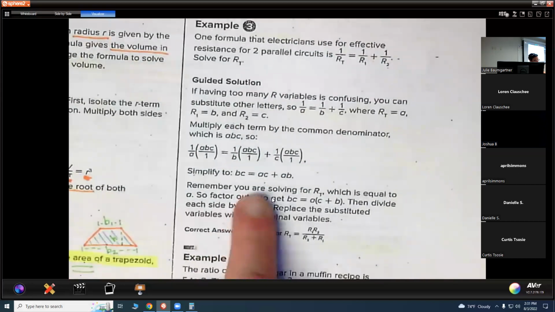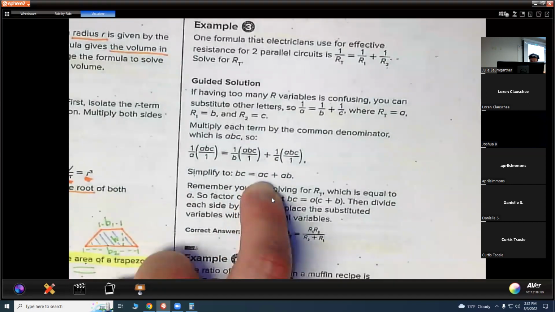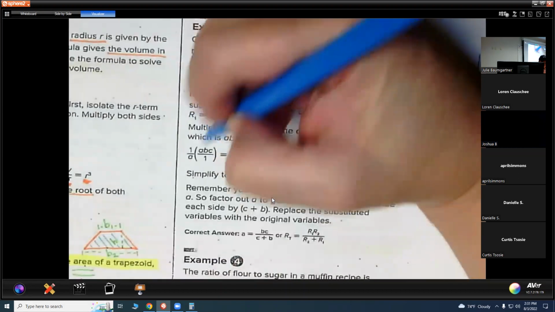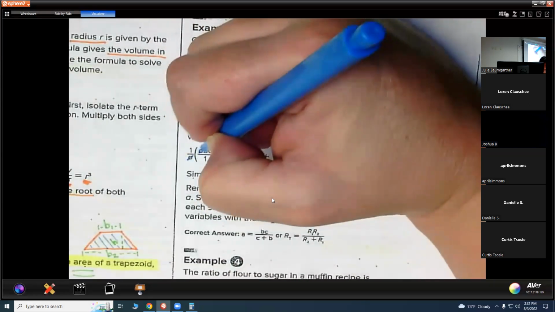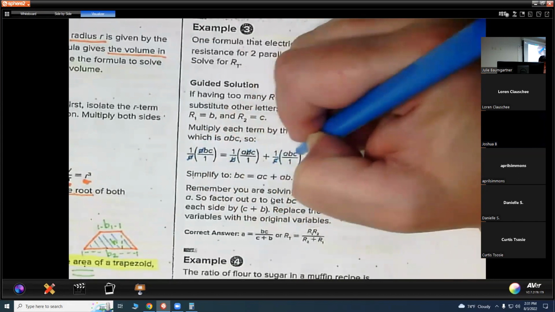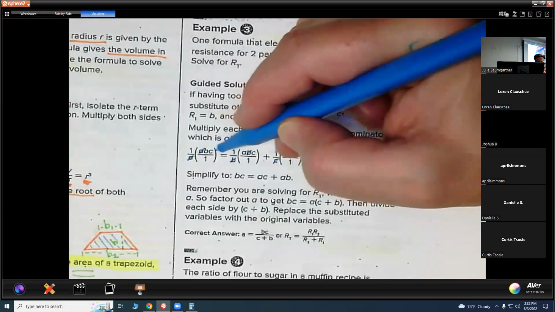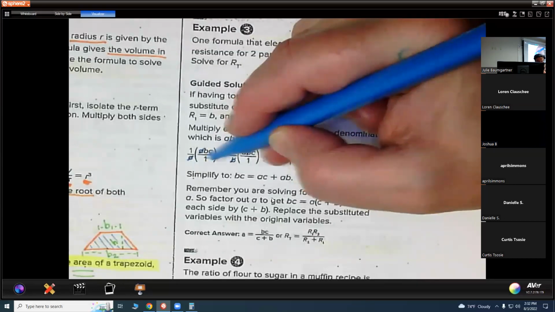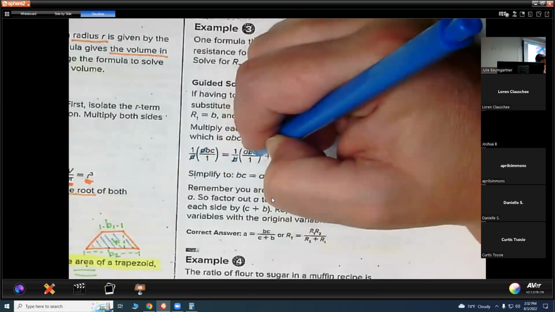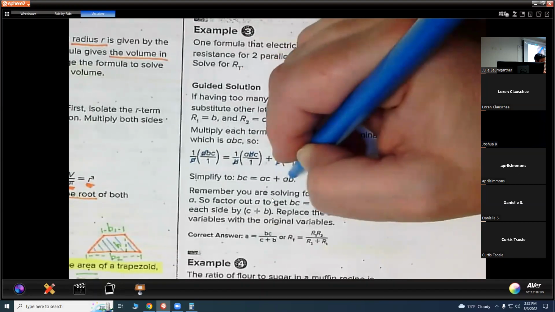Does going from here to here make sense? Because here my A cancels, here my B cancels, here my C cancels. So now I have B times C over 1, which is the same as BC, and AC over 1 is the same as AC, and AB, right?